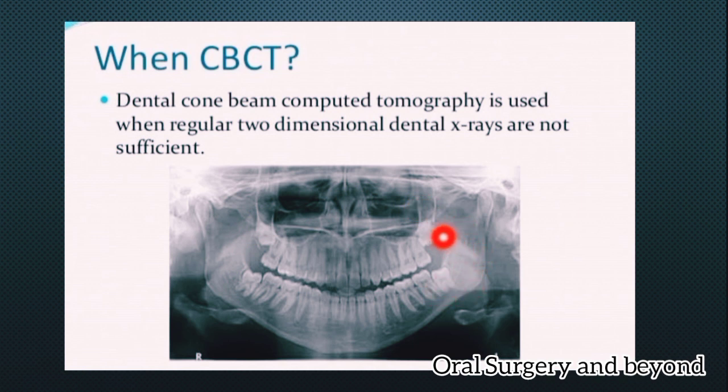We can diagnose on this OPG that these are impacted, these are inside, but whether they are present on the buccal side or lingual side, how much approximation there is to the inferior alveolar nerve canal, how much approximation to the sinuses, whether they are present palatally or buccally, the root anatomy, the accurate distance from the sinus floor or inferior alveolar nerve canal, in cases of fractures, the number of fractures, in case of implants, the exact width and dimensions, these cannot be found on normal routine radiology.